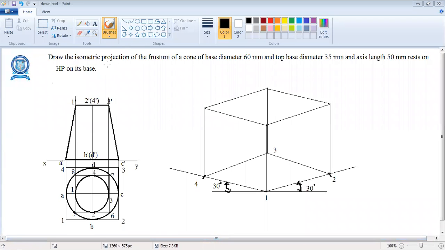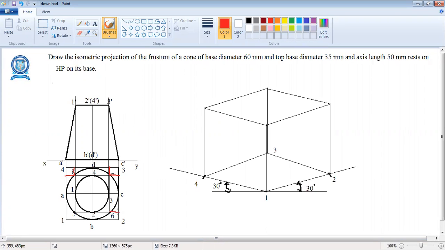So now we are going to transfer this small square to the bigger space like this. Draw a straight line from point 8 horizontally and then vertically. And from 7, also draw a line like this.